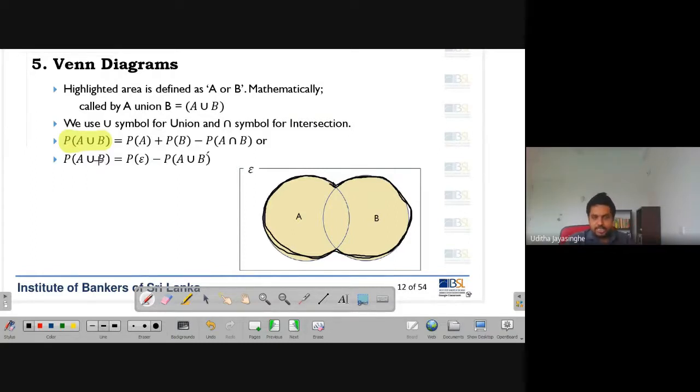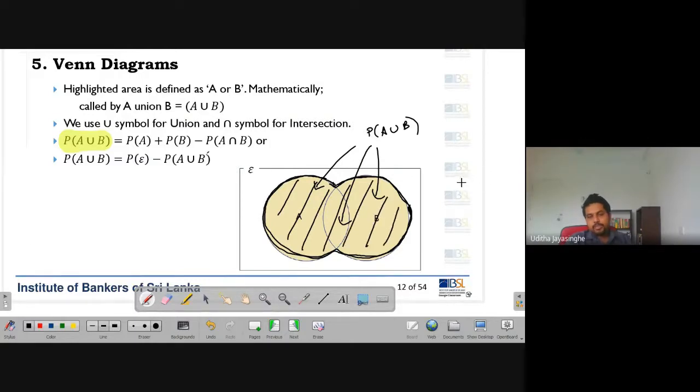But the English idea is that P(A ∪ B) is finding an event that stays in either A or B. It could be coming from any of these areas. P(A ∪ B), this whole area. Forget about this calculation for a moment.